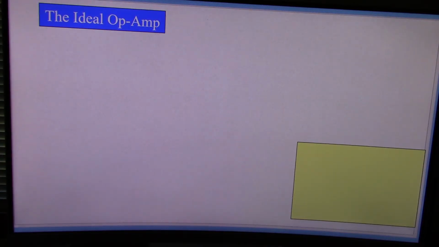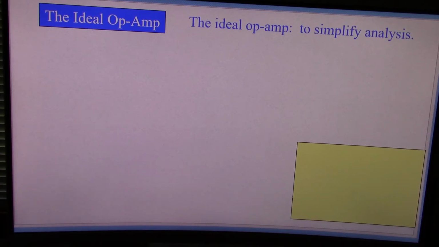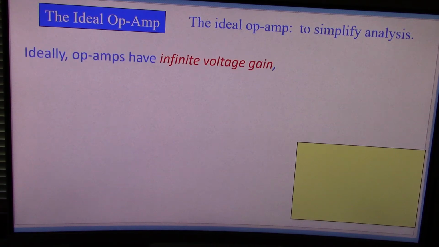So if you look at an ideal op amp, it's like, remember when we talked about ideal diodes, where you had a straight line happening at the moment you forward biased it, or if you looked at ideal bipolar transistor or ideal field effect transistor. So there's a model that we look at, ideal operational amplifier. We use that just to simplify the analysis.